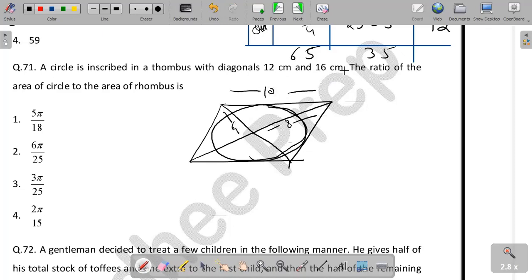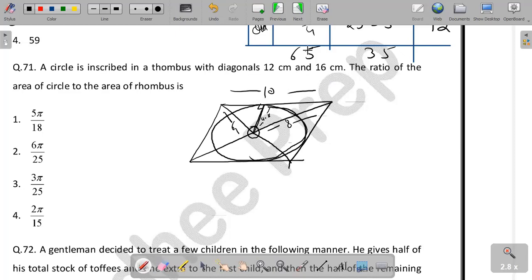The ratio of area of circle. So if this is the center of the circle, this should be the radius. This should be 90 degrees because this is the tangent. I have told you multiple times. This length should be 4.8. Fine.